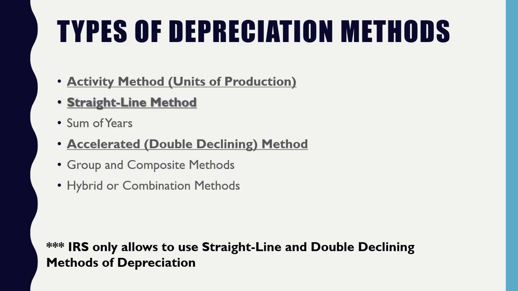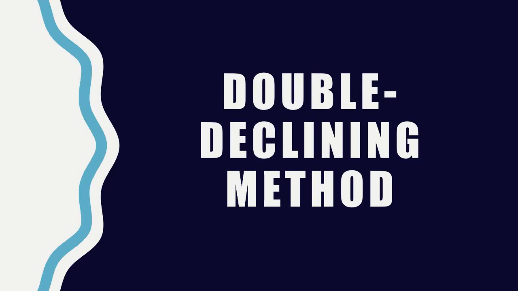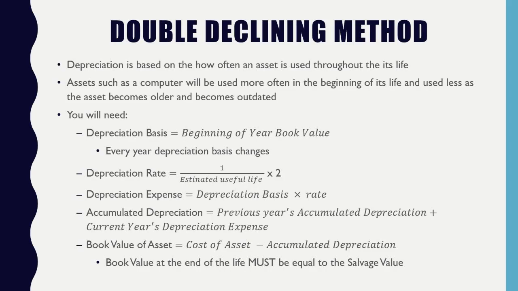If you go into that, you're going to need to know the difference between all the different names, as well as what they could be interchangeable for. The first one we took a look at was activity based, or units of production. Today we're looking at accelerated, also known as double declining. So let's take a look at double declining.